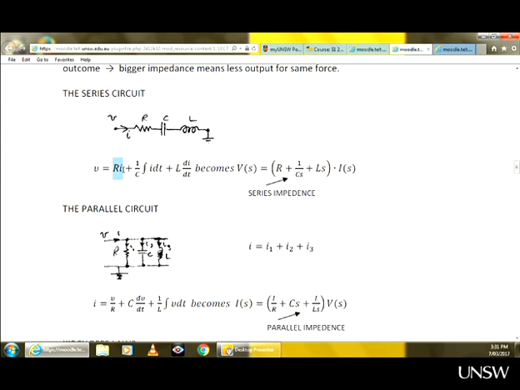The voltage across the capacitor is 1 over C integral I dt. The voltage across the coil, the inductor, is L times di by dt. The Laplace transform will give us V(s) equals R times I(s) plus 1 over Cs, where s comes from the integral, and plus Ls, where s comes from the differential.